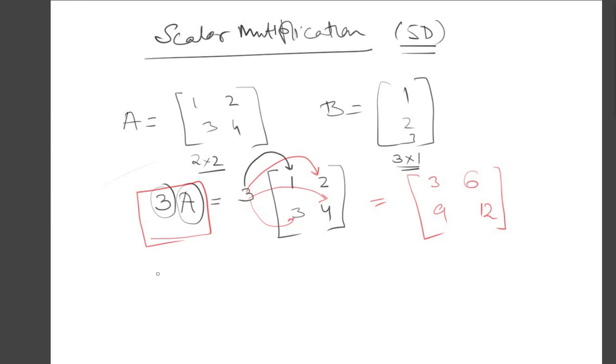Now, if I do a similar multiplication, let's say negative 2B. I would place a negative 2 outside and write my B matrix here. And then I will multiply negative 2 across all the individual elements. So what's the answer? What does the first element become?